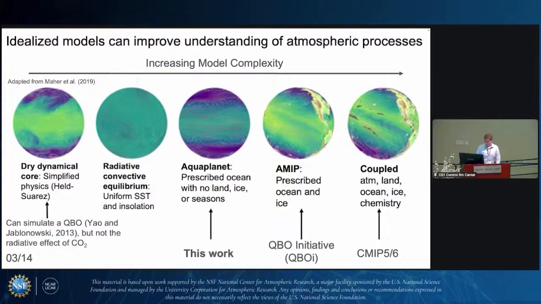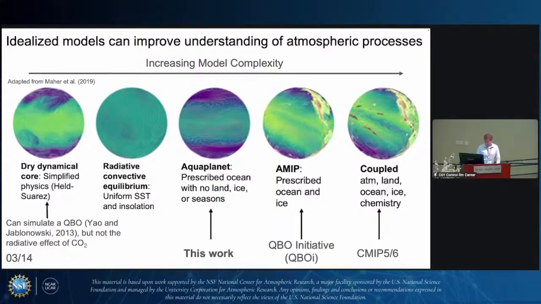Where my work fits in is the aquaplanet framework, which is the simplest climate model in which you can fully model the response of the atmosphere to CO2 radiative forcing. You have the full radiative transfer model here, but you still have very simplified boundary conditions. For example, you have no land, as the name suggests, no ice, and also no seasons. And you have a prescribed ocean.